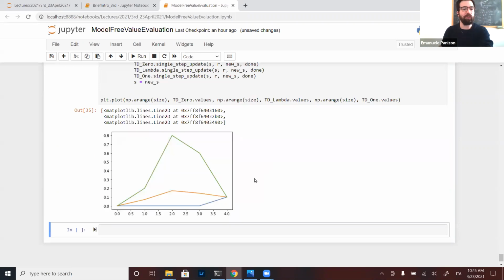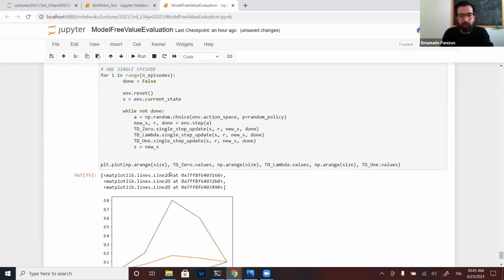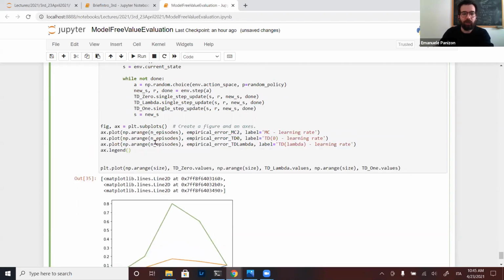Okay. So now I have 3 curves, and give me 1 second. I apologize. I thought I had done this before, so that we can see which one is which.